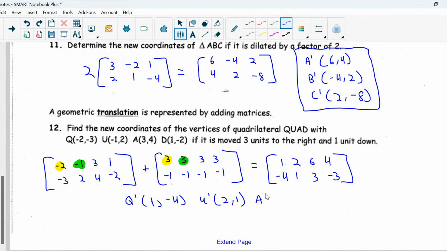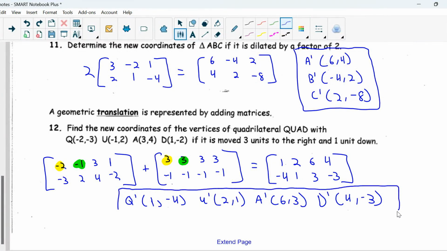A prime is our third column, which would be 6 and 3. Then finally, D prime is our fourth column, which is 4 and negative 3. This right here is our geometric application for matrices.